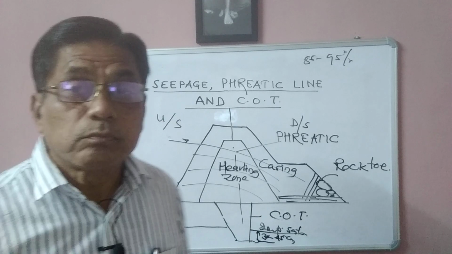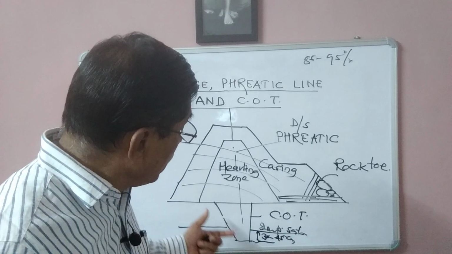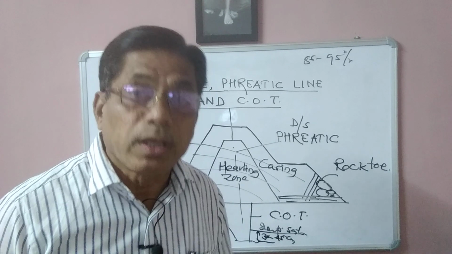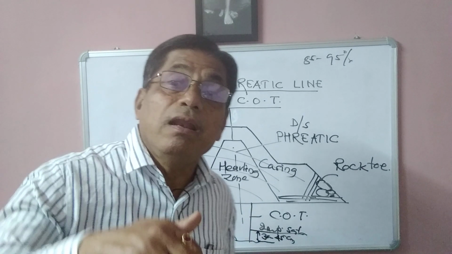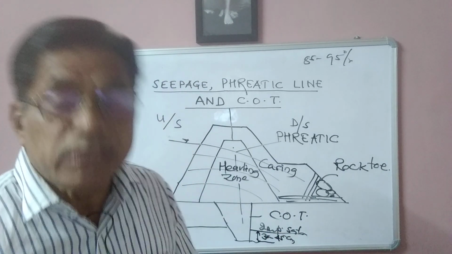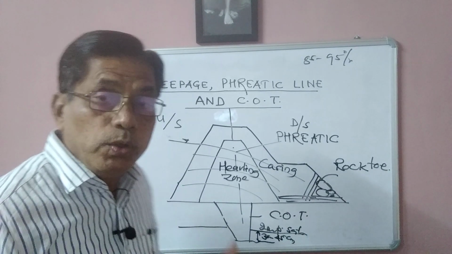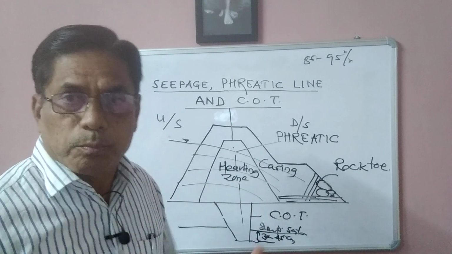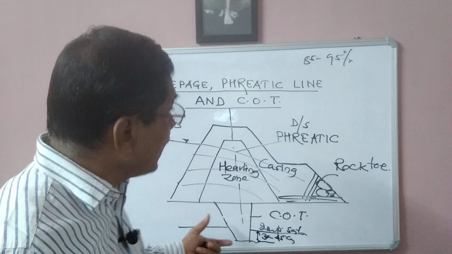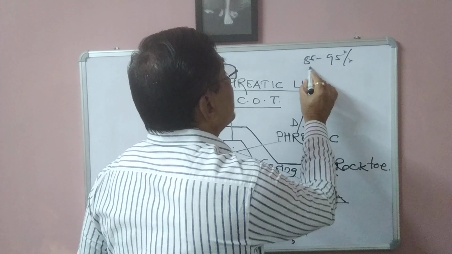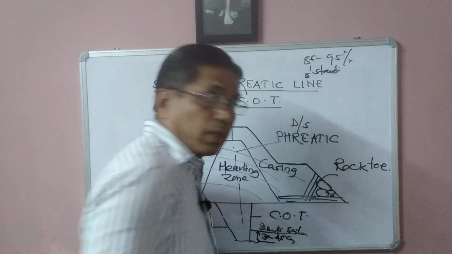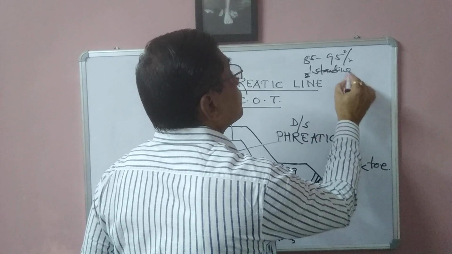Now, if the impervious strata, such as solid rock, is available at a very large depth, under such circumstances you have to provide partial cutoff. The depth of such a partial cutoff is taken as half of standing depth of water.